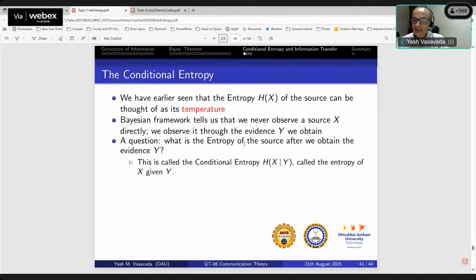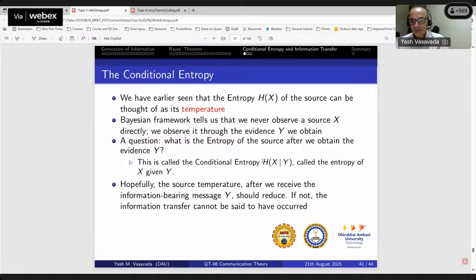That is called the conditional entropy, entropy of X given Y. The notion of information transfer says that the entropy of X given Y should hopefully have reduced compared to the entropy of X. Because if it did not reduce, then somehow the information did not actually get transmitted.